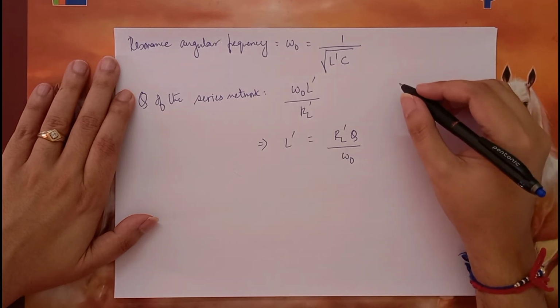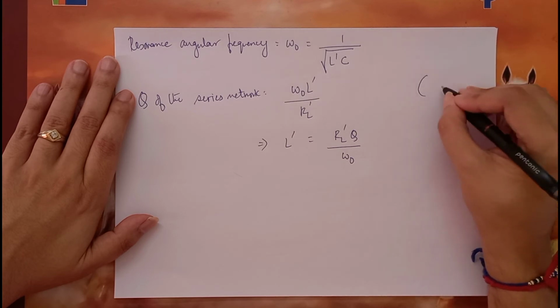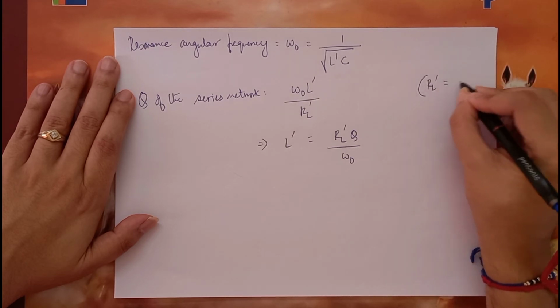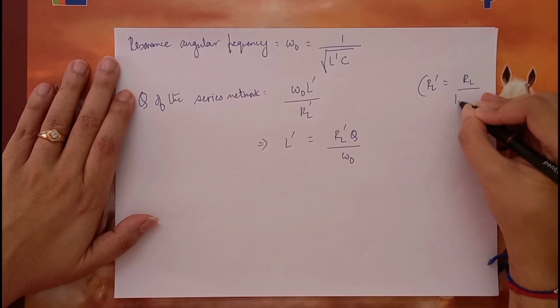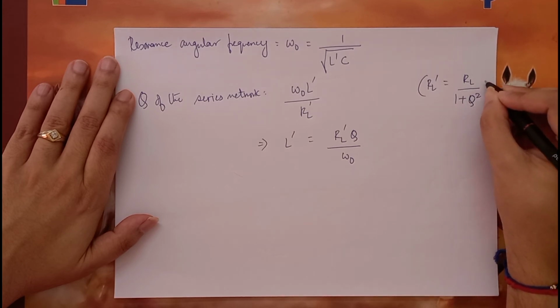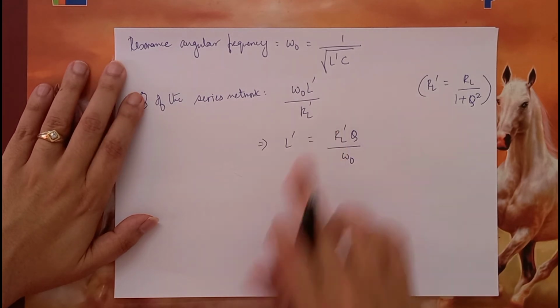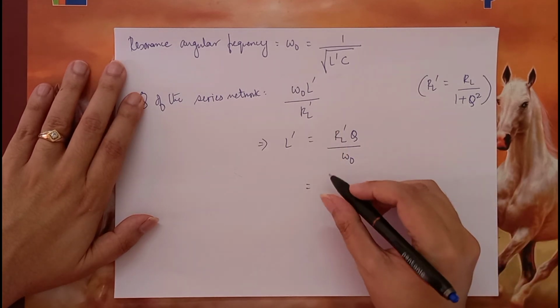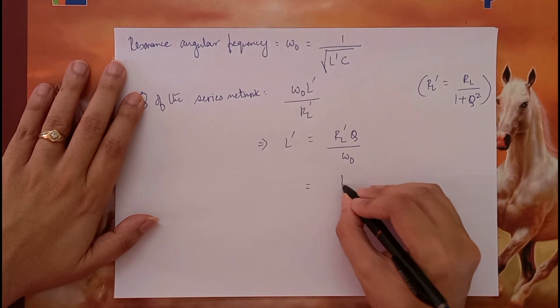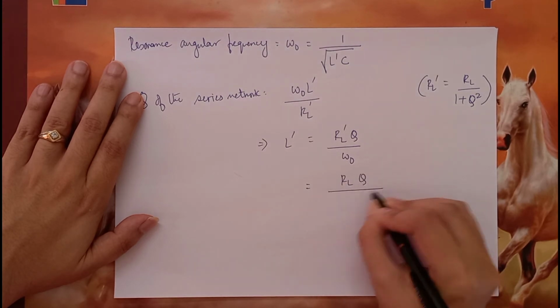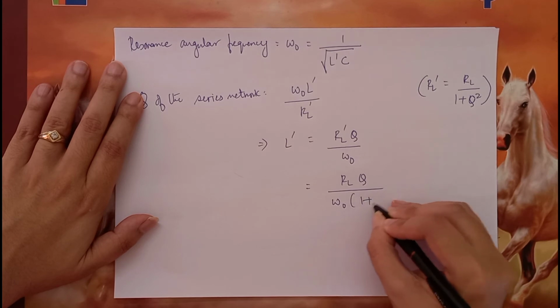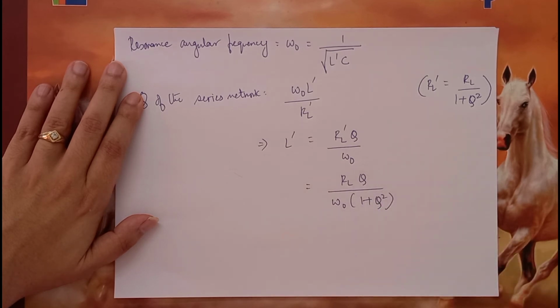Now we know that RL prime is actually equal to RL by 1 plus Q square. So if you substitute this over here, you will get RL times Q divided by omega 0 times 1 plus Q square. This is what it is.